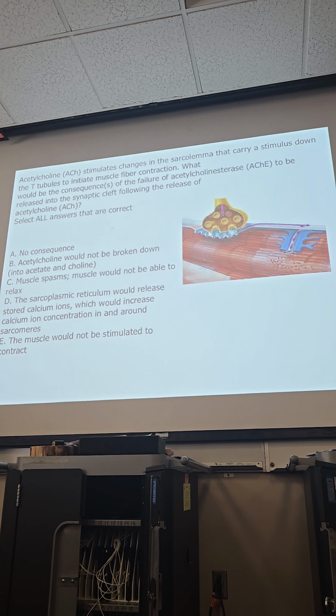Charley horses can come in two different forms. One, you have a lot of calcium being released, so you're in full contraction. Second, you run out of ATP and can no longer release the heads and slide back, so the muscle cannot relax.